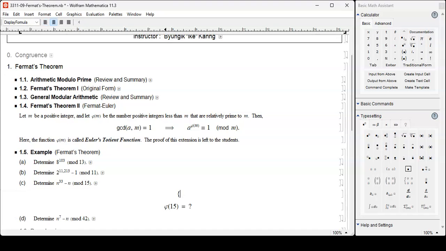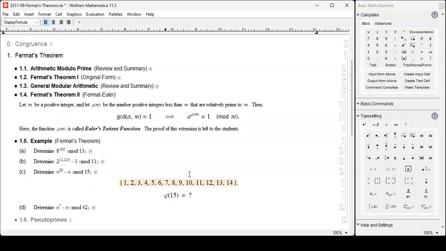So we have 1, 2, 3, 4, 5, 6, 7, 8, 9, 10, 11, 12, 13, 14. Okay, from here, which one is relatively prime to 15?